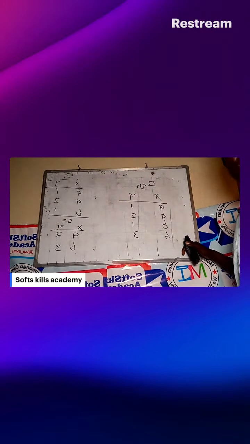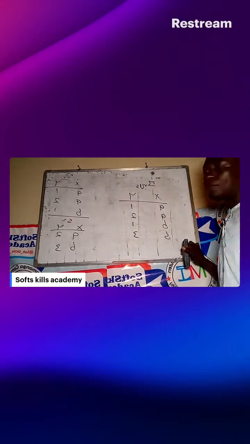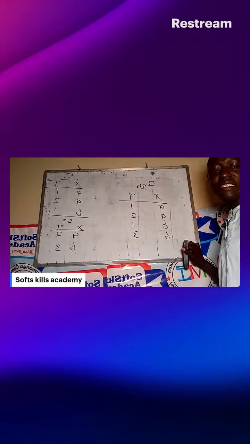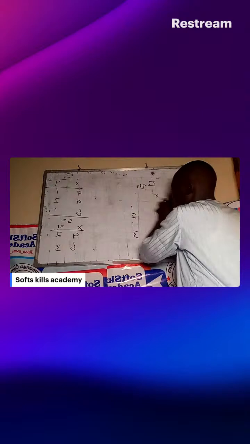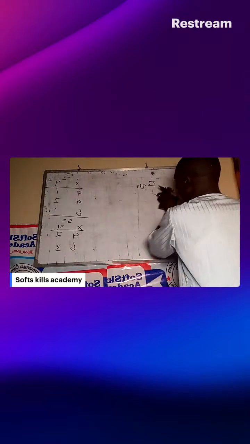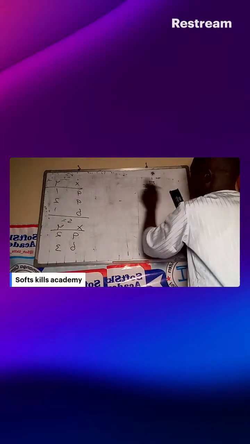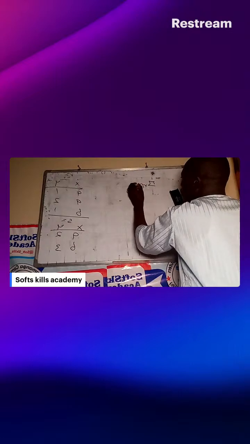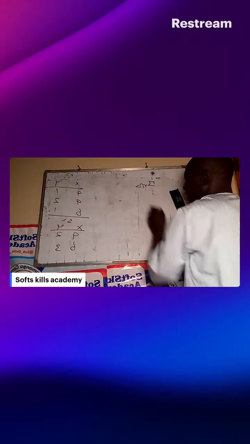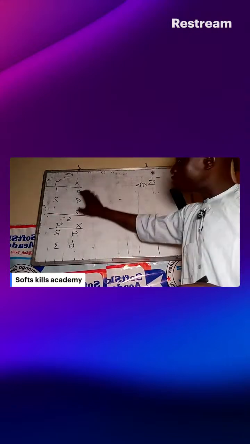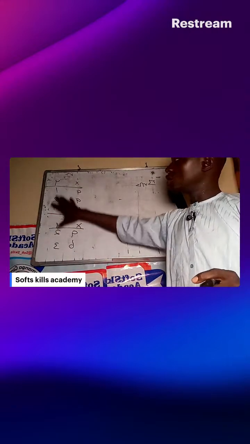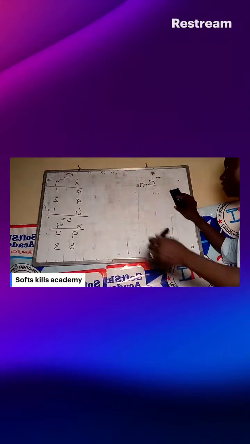And again, if we are asked to find a set difference, or let's just have the intersection of these two relations first, the intersection of R and S. This is going to be what is common between these two relations.